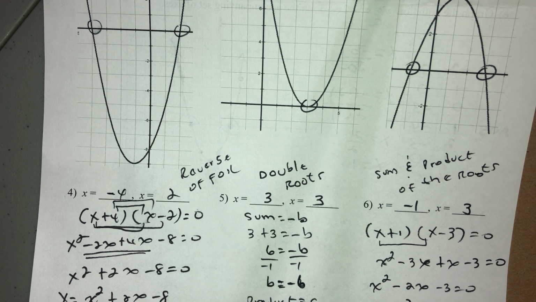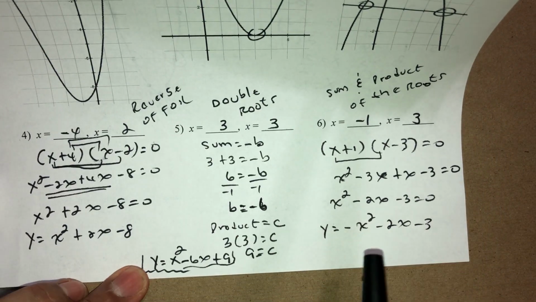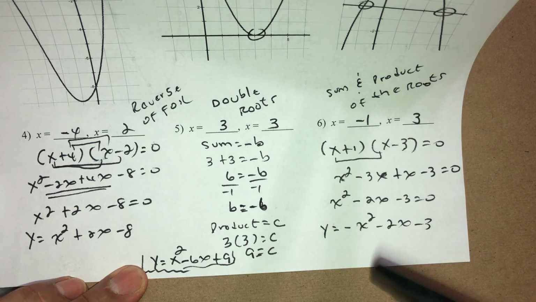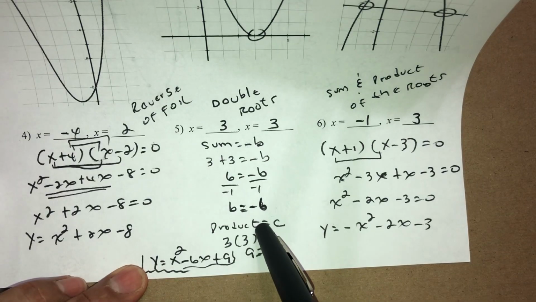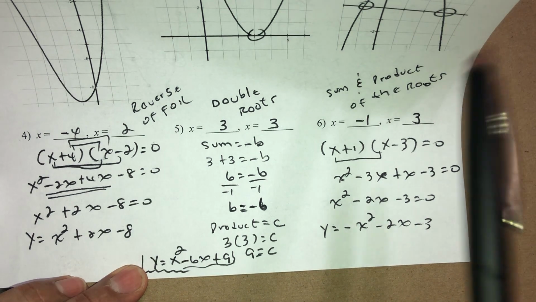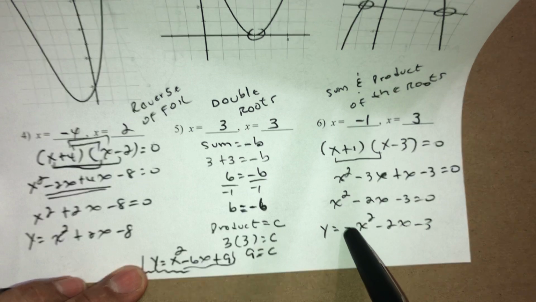All right, so now that we have done 3 of these, we're going to do the last one. Remember: sad face, happy face, happy face. When you have a sad face, you also have a maximum, so you have to make this negative.